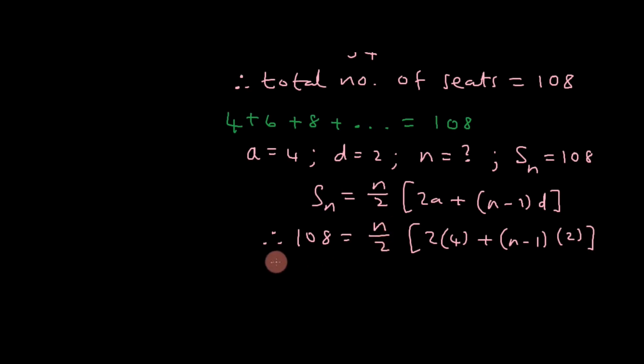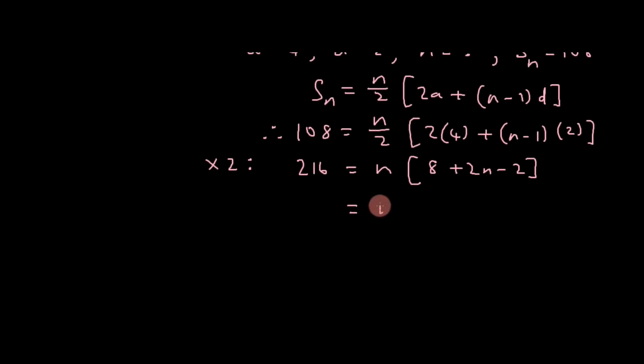We can get rid of this fraction by multiplying through by 2. Simplifying inside the square brackets. Multiplying into the square brackets.